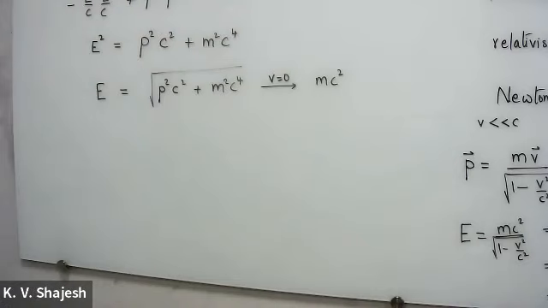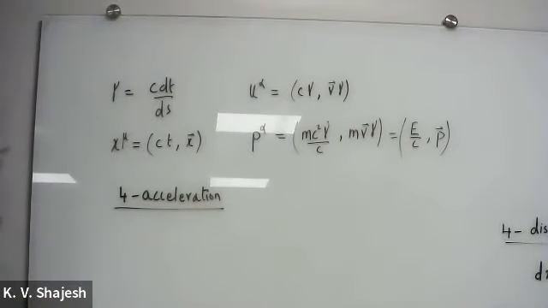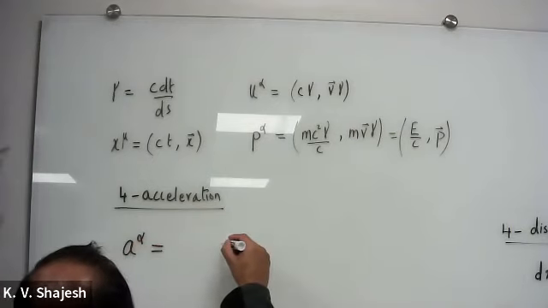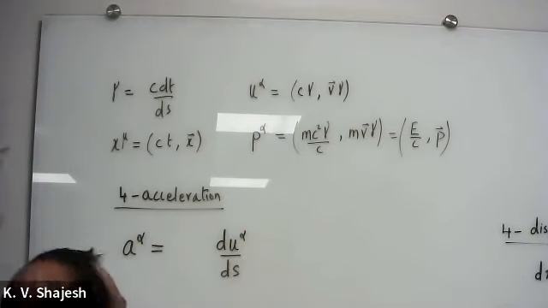So that's your summary. As of now, we have defined these quantities. Immediately you say, what about acceleration? So let's do acceleration, which is going to be a alpha. We start from the velocity, du alpha, and the derivative with respect to proper time will be here for acceleration.